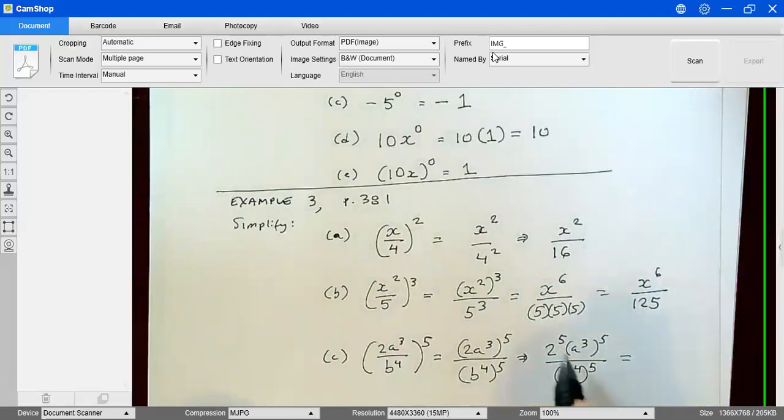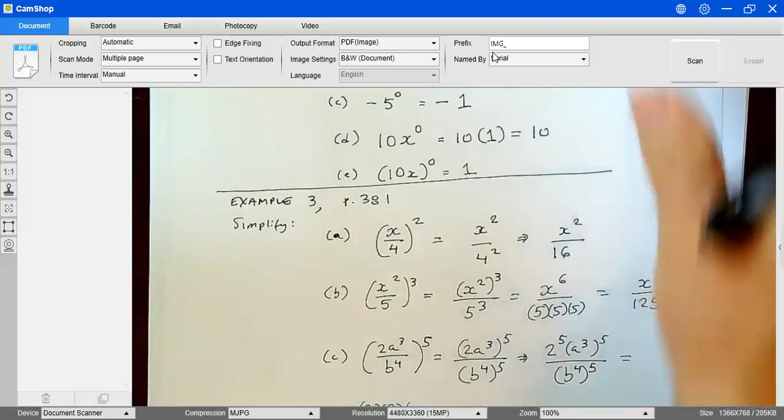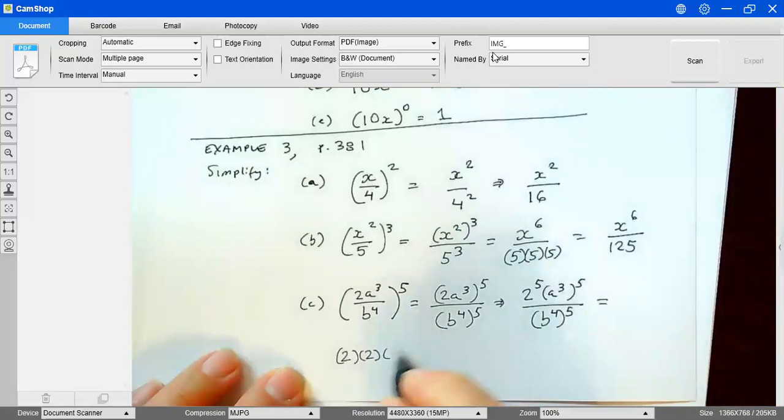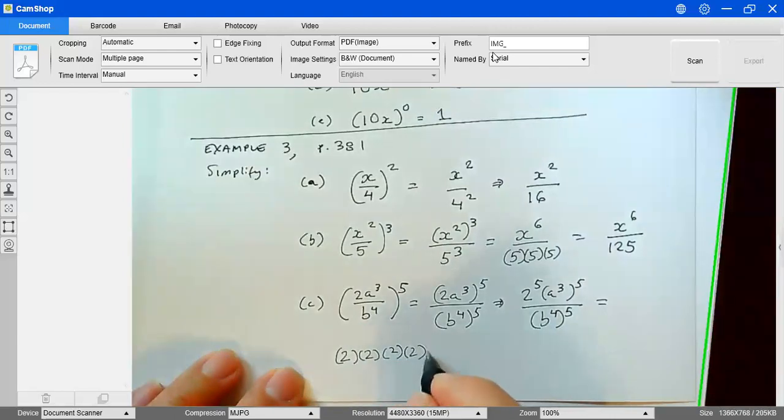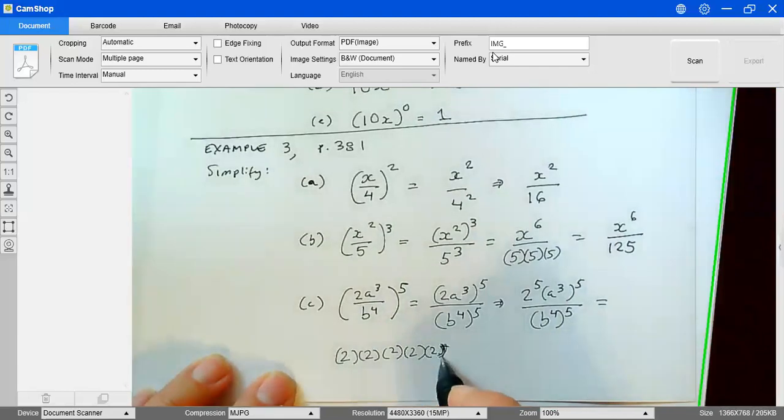To simplify, we're going to write 2 as the product of 2 times 2 times 2 times 2 times 2. 1, 2, 3, 4, 5. Then we have a to the 15th power and b to the 20th power.